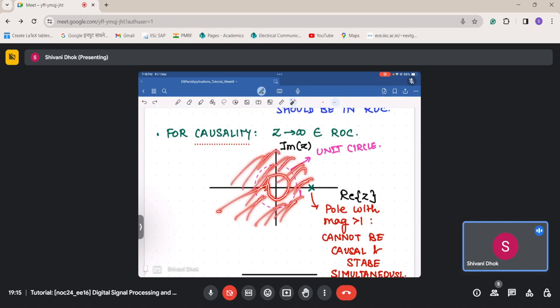So now here my z tending to infinity is also included in my region of convergence, and my unit circle is also included in my region of convergence.